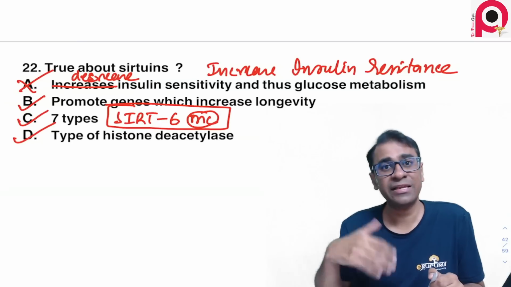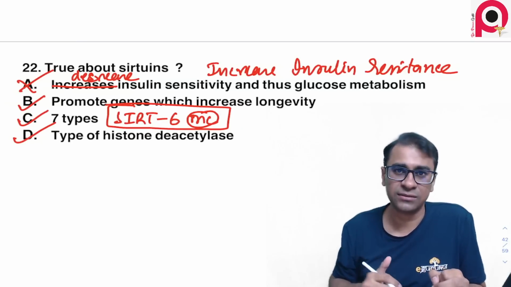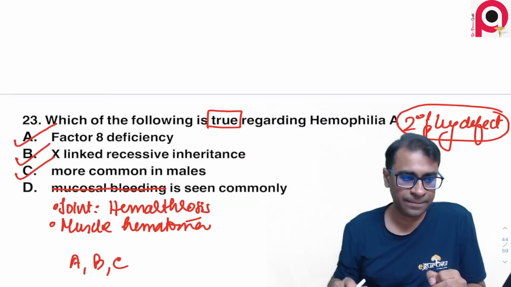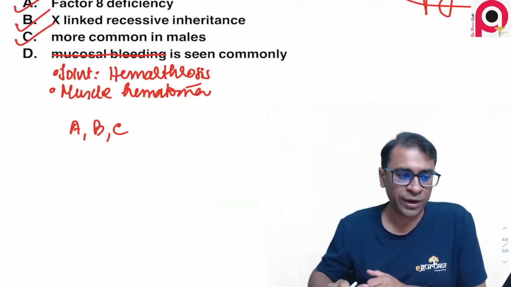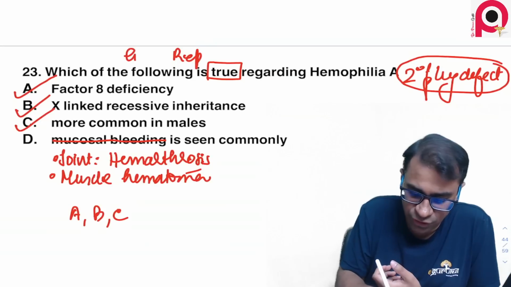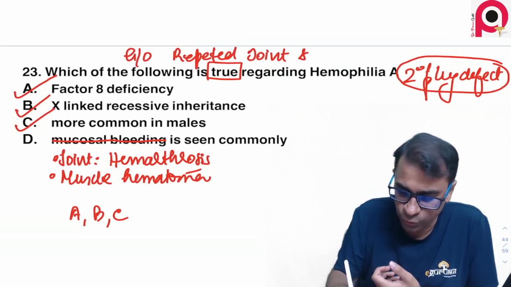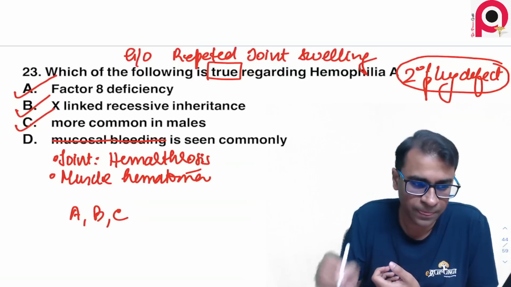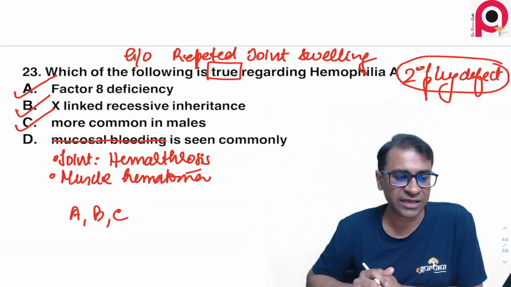Therefore it increases insulin resistance so that the entry of glucose is less. A history was given of repeated joint swelling in the question. No, Sirtuin increases insulin resistance.